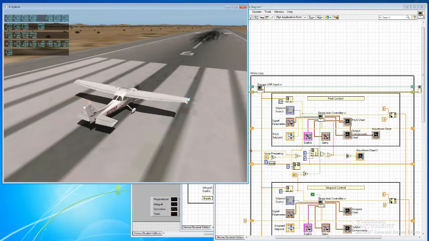So the simplest way that we can do this is to enable and disable our integrals based on a speed threshold. If we pick a speed that's below the stall speed of the aircraft, we can assume, and we need to think carefully about whether it's a valid assumption, but for the moment we'll assume that if we're below that speed, that A, we're on the ground, and B, we don't want any integral control.